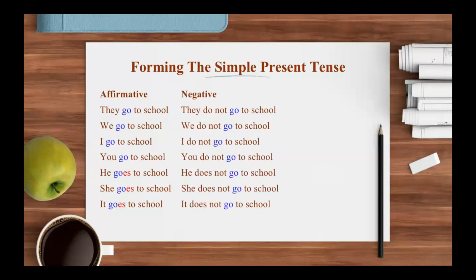But when you use the subject he, she, it in the negative form, add does plus not after the subject. For example, he does not go to school, she does not go to school, it does not go to school.